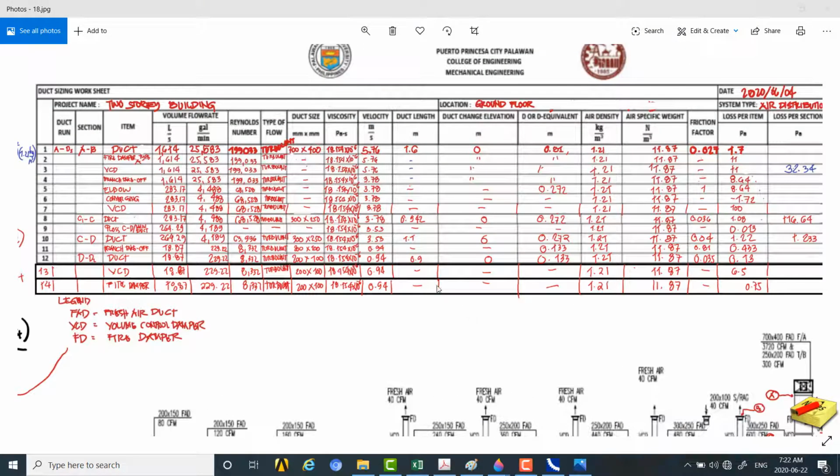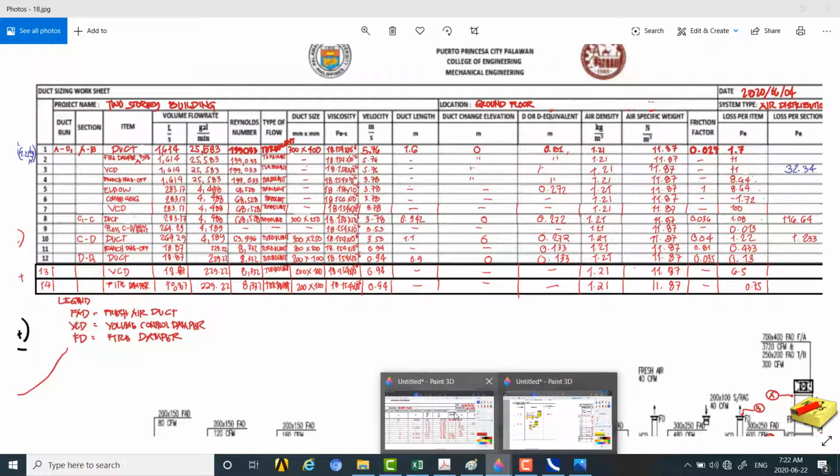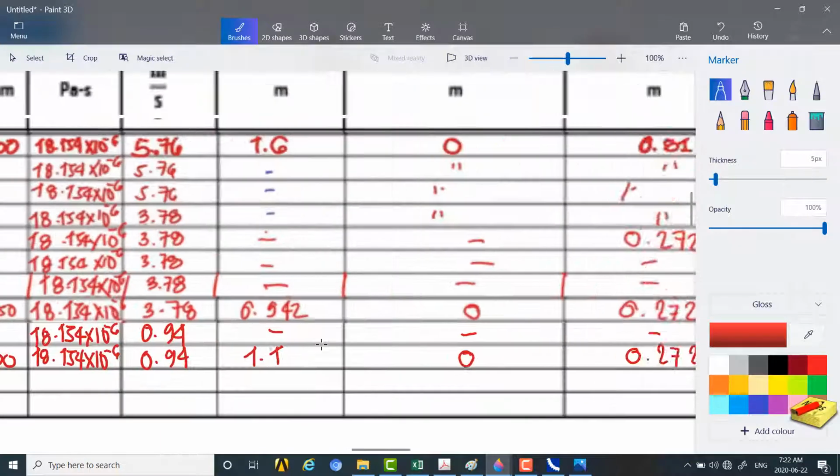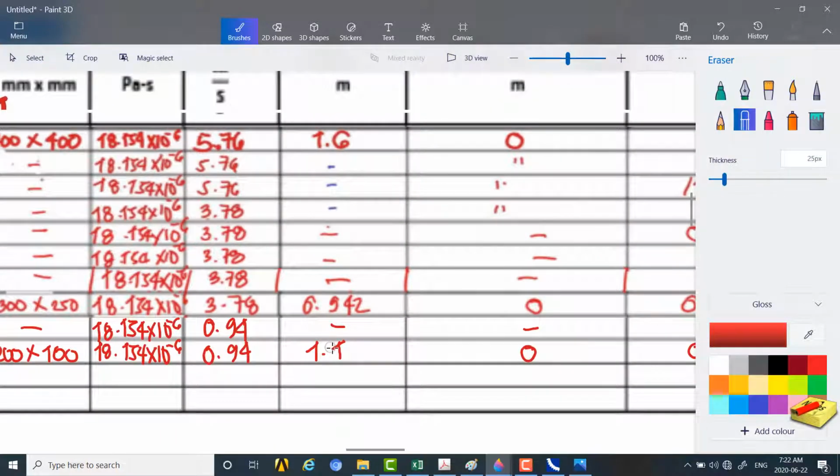Okay, so sorry, we have to erase, that was wrong. C to D pa. So we have 0.9. Okay, the value, we'll change that one. So the length is 0.9. So we'll change this one. So this will be 0.9.